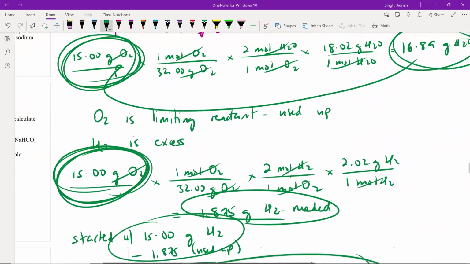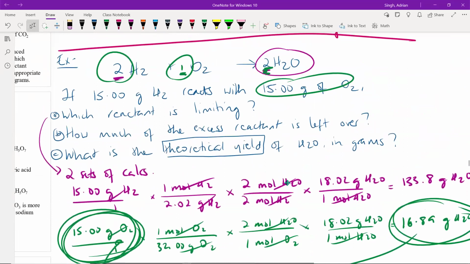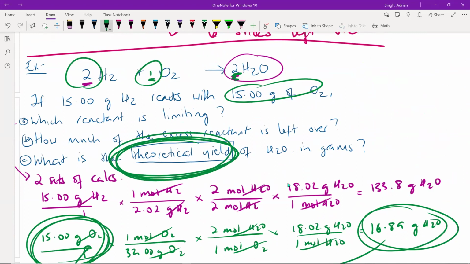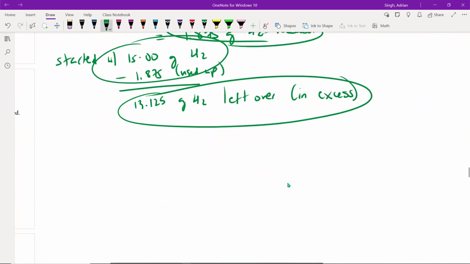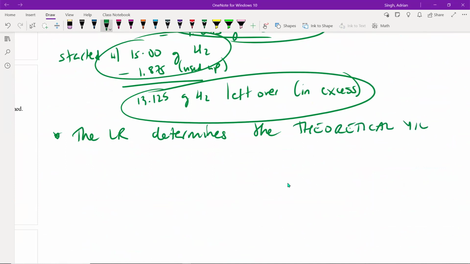So the other thing to keep in mind here now is once we determine what our limiting reactant is, that limiting reactant actually determines this characteristic, the theoretical yield. Okay, and that's a very important thing to note. So the limiting reactant, the LR, determines what's known as the theoretical yield for that reaction.